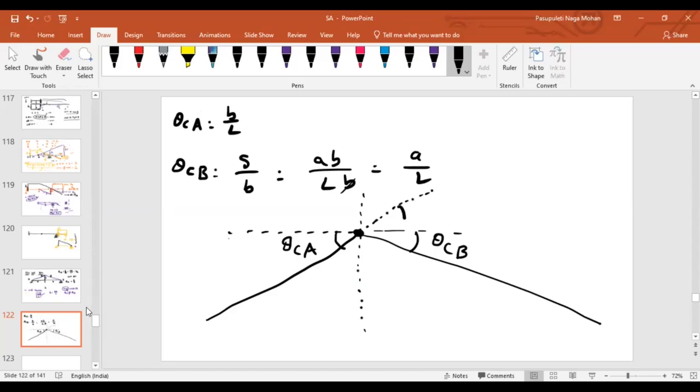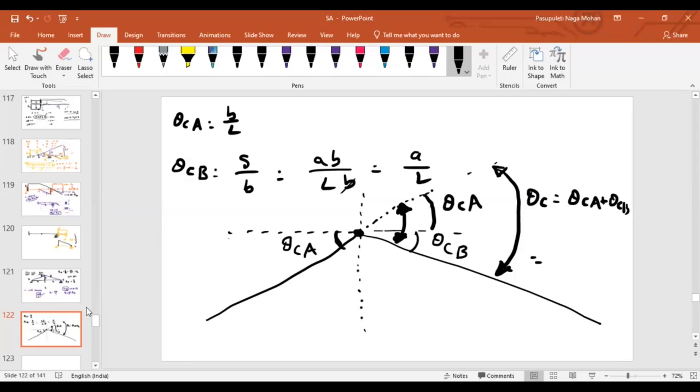This is what we will call a relative slope between these two members. What is this relative slope? If this is theta CA, what about this value? Theta CA plus theta CB. So what is the slope at C? Included slope. Theta at C is nothing but theta CA plus theta CB.